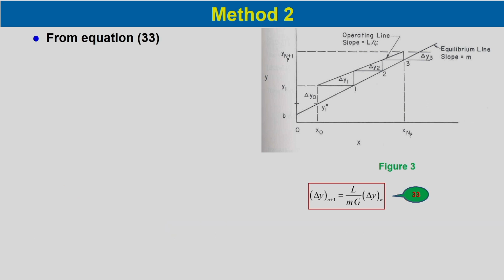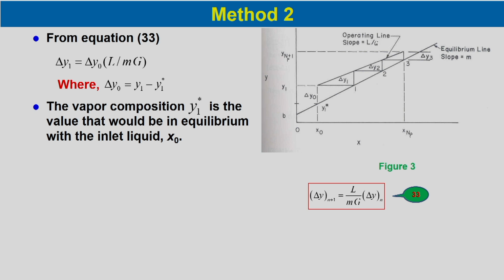Now, from equation 33 we can write delta y 1 would be equal to delta y naught into L by m g, and here delta y naught would be equal to y 1 minus y 1 star. That is, y 1 is the vapor composition, and y 1 star is the value that would be in equilibrium with the inlet liquid x naught. So, these are equilibrium compositions.